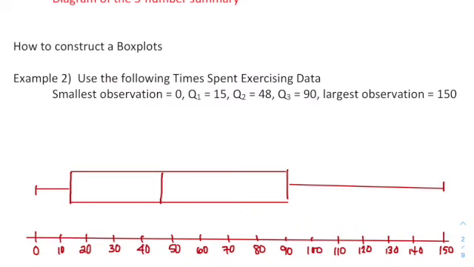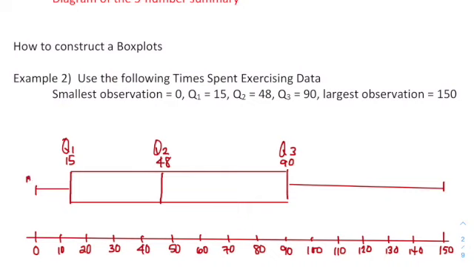Those two extensions, the line extended out to the little minimum and maximum, are your whiskers. Now, we usually like to label them. So you want to label Q1 right here, is 15. And then you have Q2 is at 48. And then you have Q3, that's going to be 90.